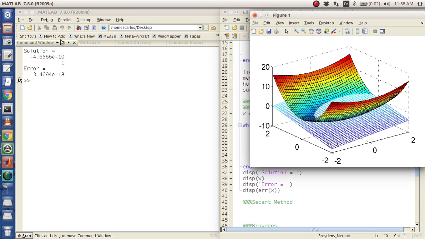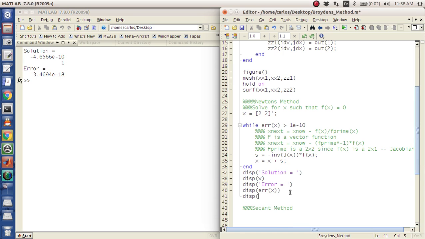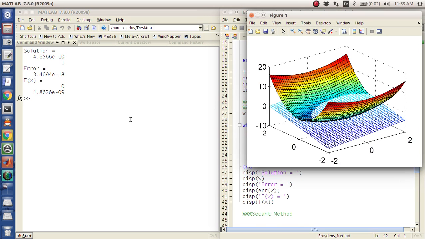Alright, so there we go. So the solution looks like it is 0, 1, and the error is that. What I'm also curious about is display f of x equals, and then display f of x, like that. Let's run that. So yeah, there you go.